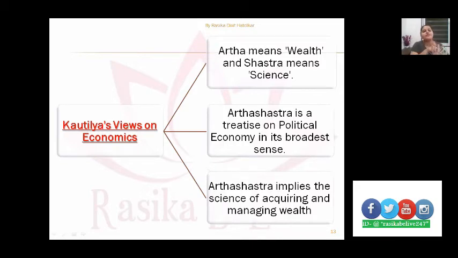Third, Arthashastra implies the science of acquiring and managing wealth. So we have to remember 3 points now. Artha means wealth, Shastra means science. Then it is a treatise on political economy in its broad sense. And the last one is that Arthashastra implies the science of acquiring and managing wealth.